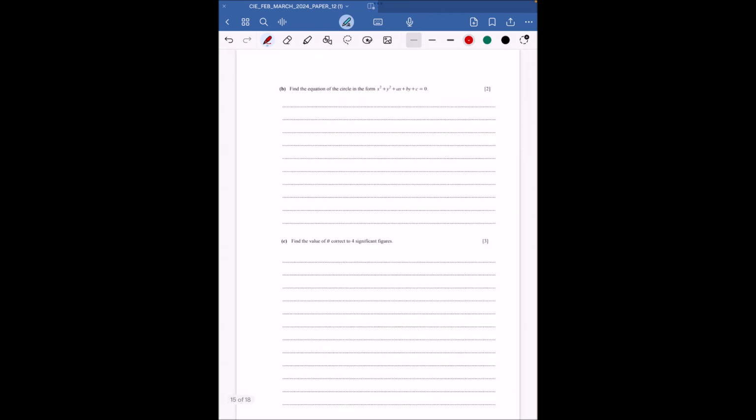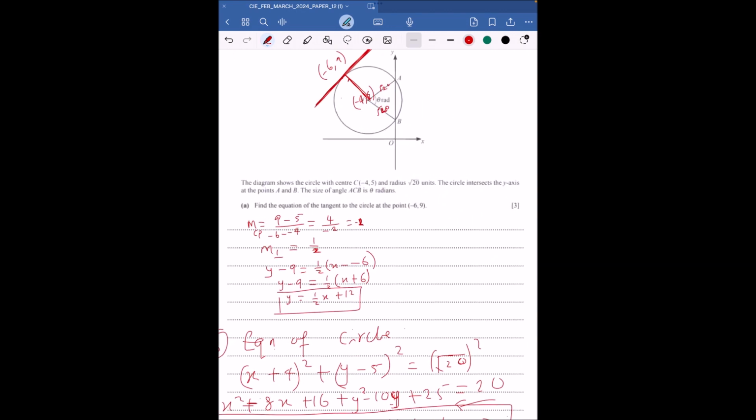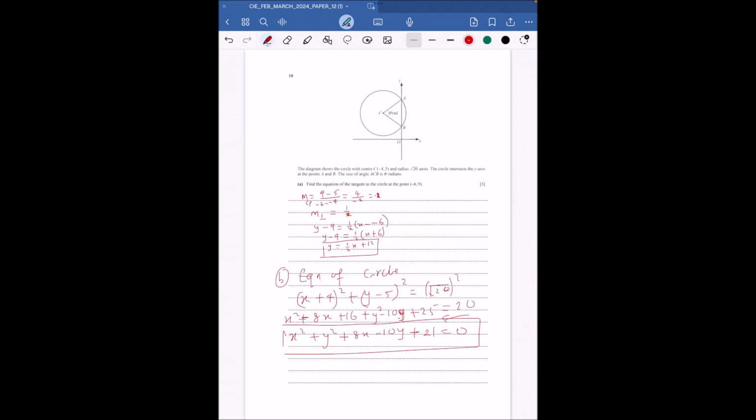Now they ask for the angle. The angle to 4 decimal places. Okay, there are two ways we could do this. I looked at the question. So we know at A and B, x is 0.